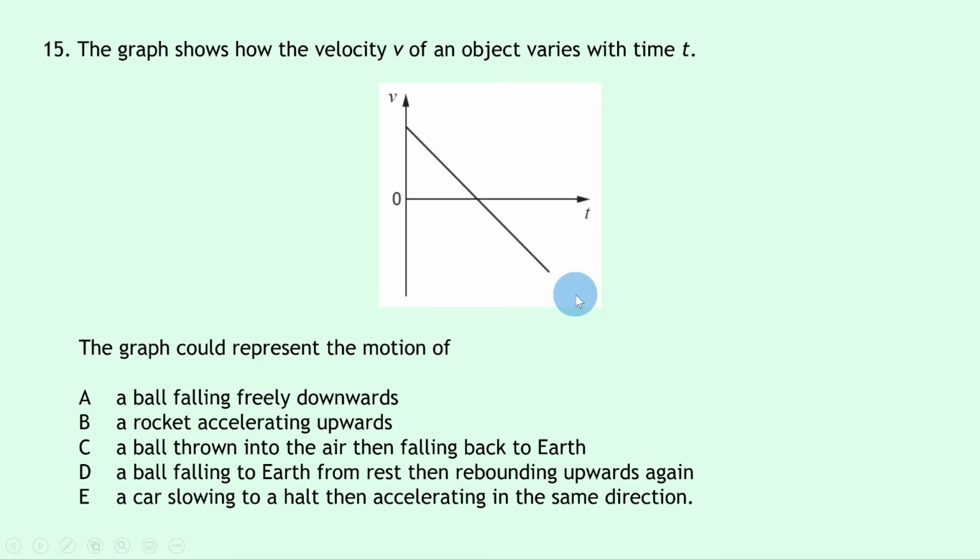That could be the graph for that, because remember, you're going to project a ball into the air with a non-zero velocity, and it's going to come to a stop or 0 meters per second when the ball reaches its highest point, and then it's going to increase in speed as it falls back down, but we show that with a change in direction going into the negative velocities here. Whereas for a ball falling to earth from rest then rebounding upwards again, notice how it starts from rest, but we're not starting from rest here, so it cannot be D. The answer has got to be C.